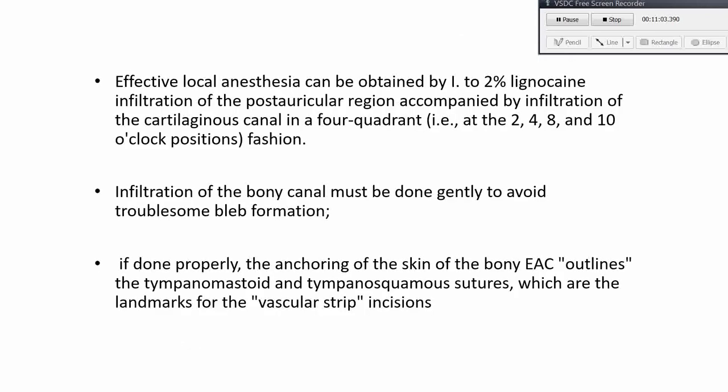So how do you attain local anesthesia here? By putting 2% lignocaine in the post-auricular region, with infiltration of the cartilaginous canal. The cartilaginous canal has to be infiltrated in 4 quadrants, that is 2 o'clock, 4 o'clock, 8 o'clock, 10 o'clock positions.